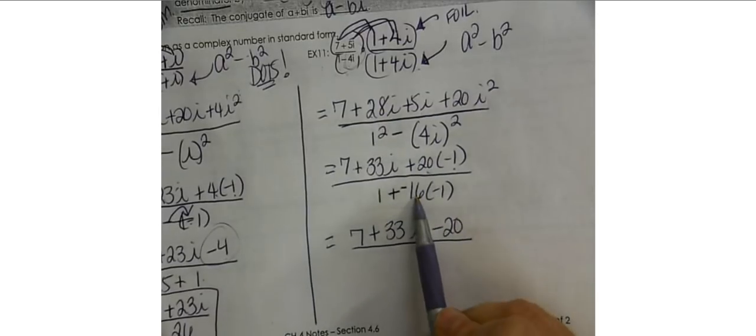So I have 7 plus 33i, and then 20 times -1 is minus 20. All over, we now have 16 times -1, so this is technically plus -16. A -16 times a -1 is a positive 16. So that's 1 plus 16. 7 minus 20 is -13. So we have -13 plus 33i all over 17, and that is your answer.